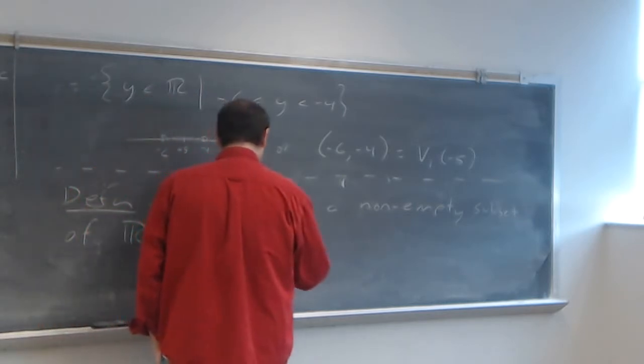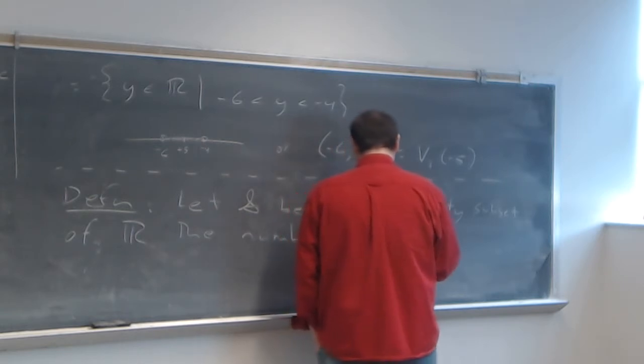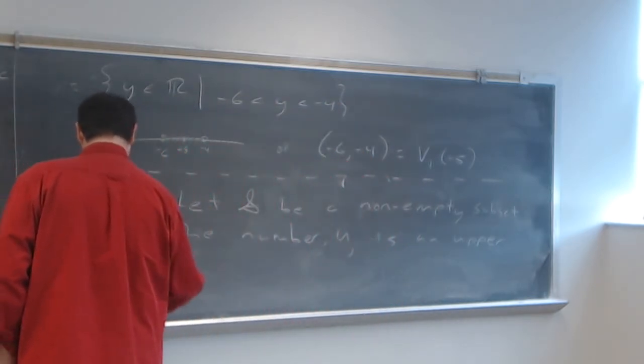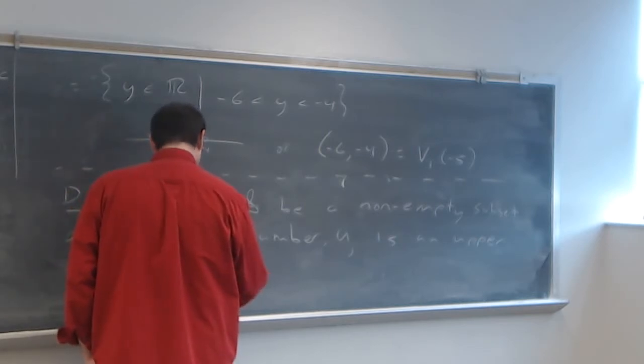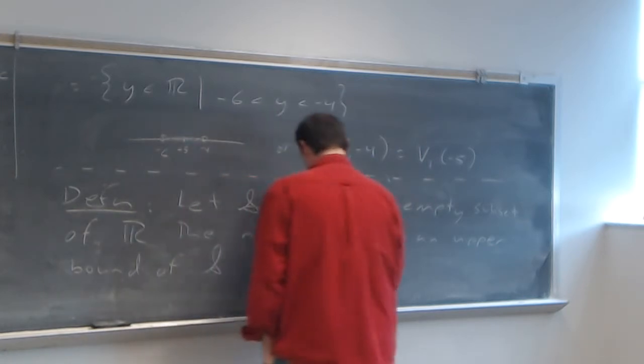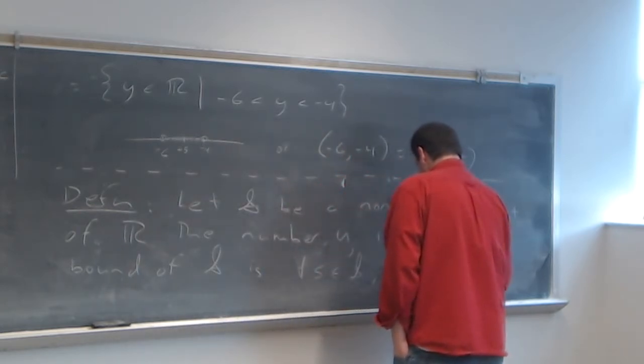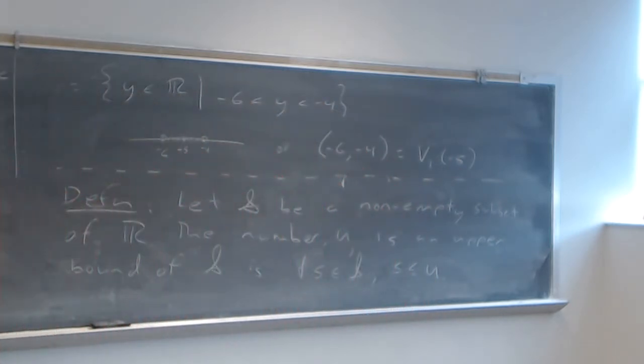Then the number U is an upper bound of script S if for all little s in script S, little s is less than or equal to U. What's that mean?